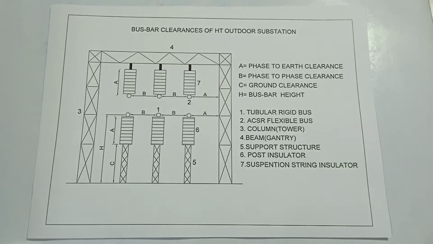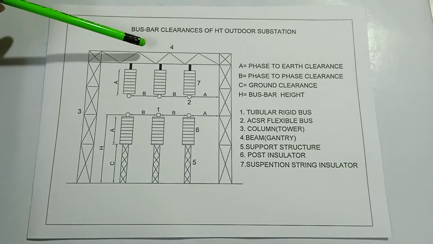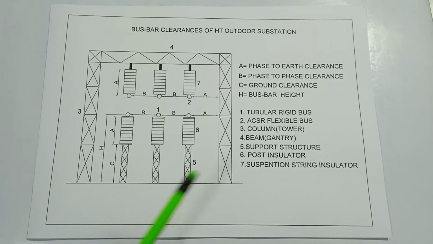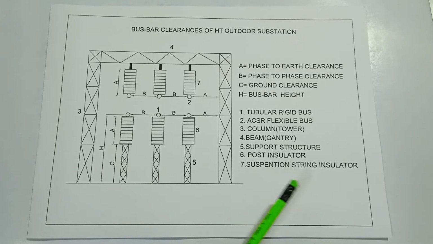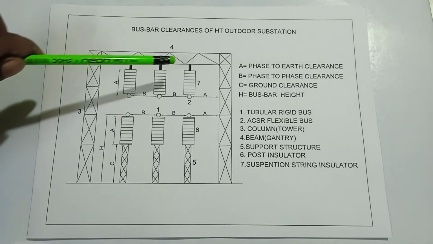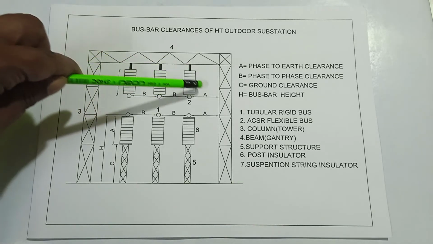Four, beam or gantry. Five, support structure. Six, post insulator. And seven, suspension string insulator.